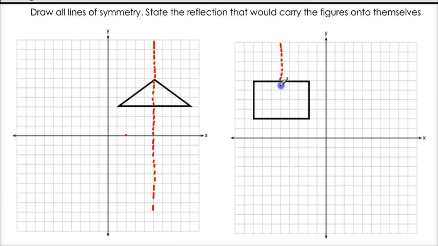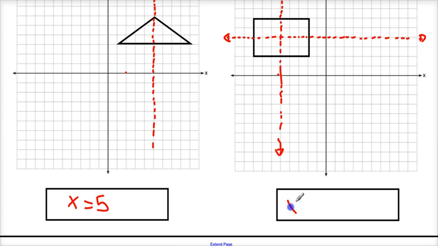Well, we have one right here, right, that cuts it right down the middle. All right, and we also have another one. We have 2 here, where if we drew it here, it would cut it right down the middle. So this has 2 lines of symmetry that would carry it onto itself. All right. The first one is at x equals -5.